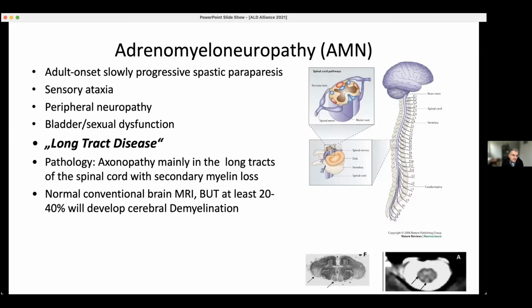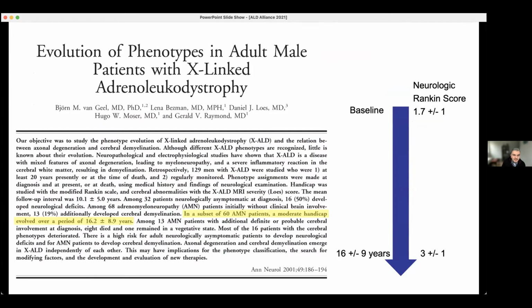There's also pretty prominent bladder, sexual, and bowel dysfunction in this disease. And as you know, unfortunately, a good percentage of these individuals can also develop an inflammatory disease in the brain, similar to children.